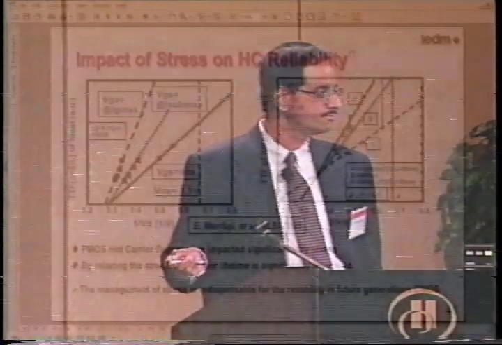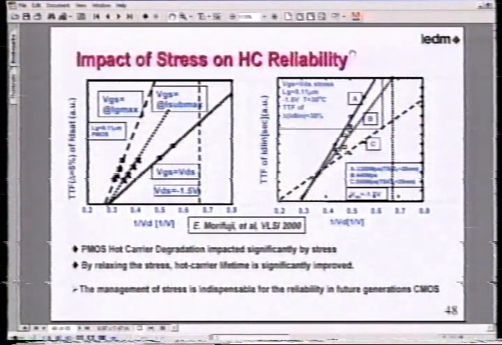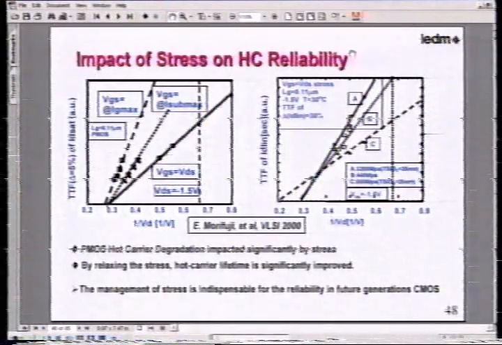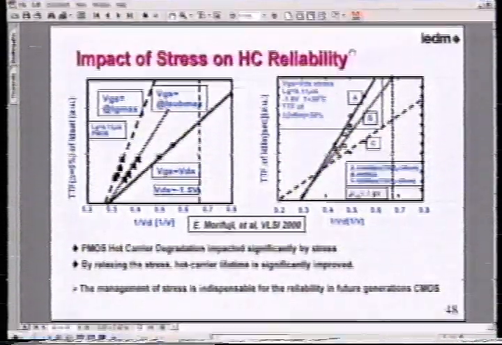In fact, he talks about the different lifetimes with respect to the different amount of stress that he's seeing. So what has become important for hot carrier right now is that not only do we need to manage the fields and the current densities, you also have to manage the physical stress in the next few generations of CMOS. I'm going to leave the hot carrier as such now because I think you have tremendous expertise in this room. No point in pushing this any further.